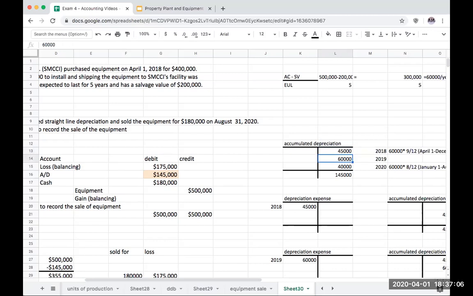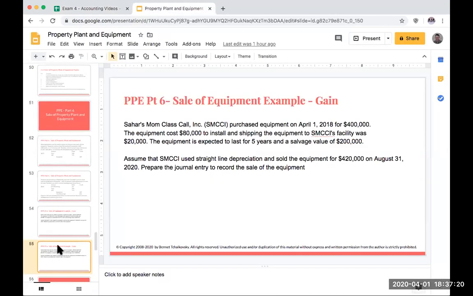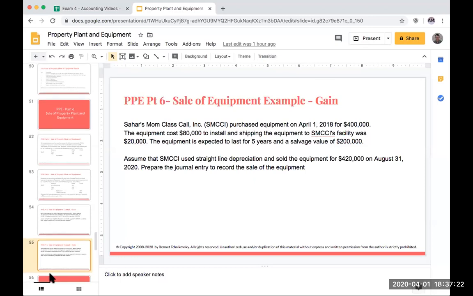Used it for the full year in 2019. For 2020, I didn't use it for the full year. I used it from January 1st through August 31st, or for 8 months. So that is how you go about solving questions relating to the sale of assets.